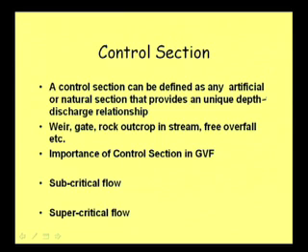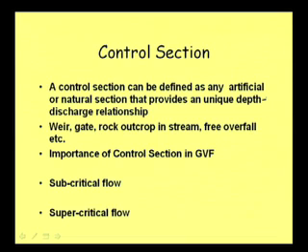So, in nature, or sometimes artificially, we make some sluice gate, we construct some weir, and we construct some spillway in a dam. Those structures are of the type that at those points we get a unique relationship between depth and discharge.